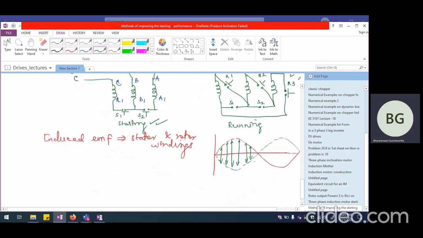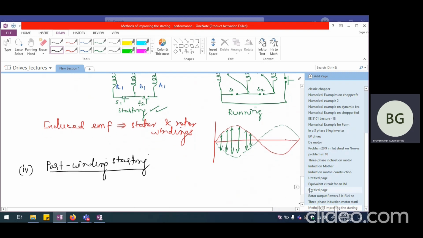Okay. So let us now go over to the fourth method of starting, which we call part winding starting. So part winding starting actually involves having multiple windings for the induction motor.